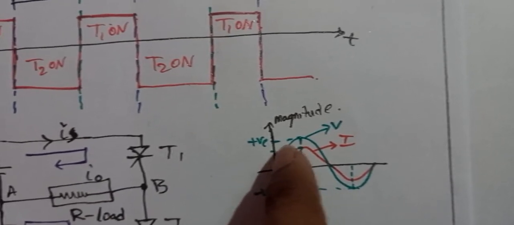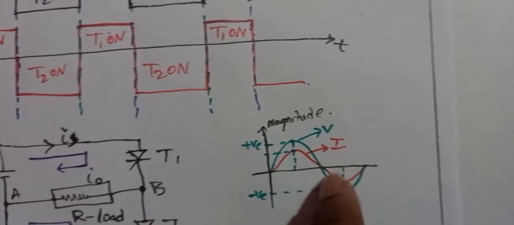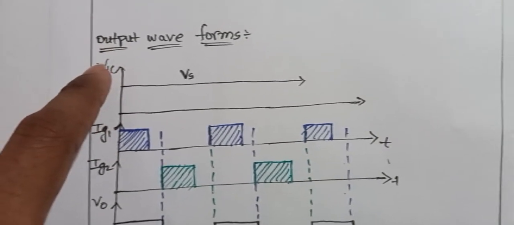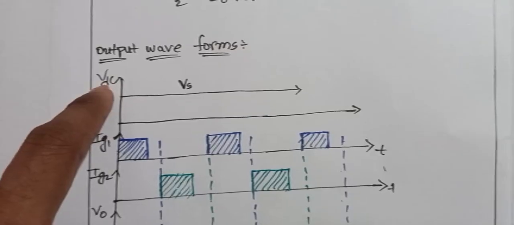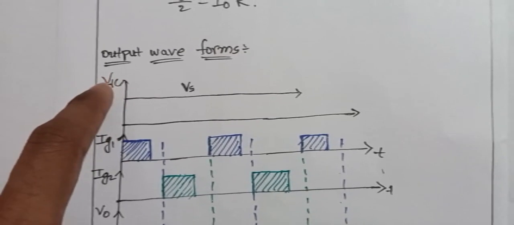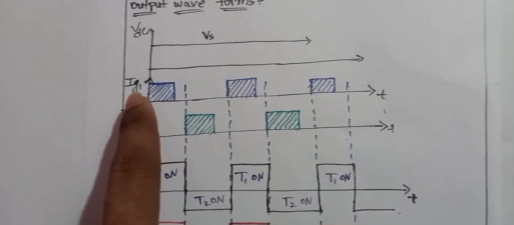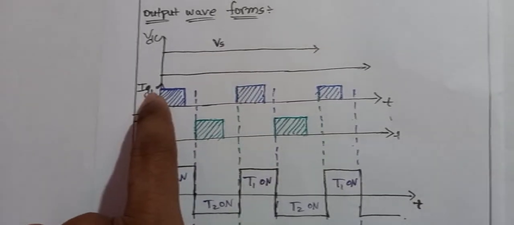For both the positive half cycle and the negative half cycle, we are going to discuss the same operation in the waveform. This is an inverter, so we take a DC input voltage, which I have drawn here as VDC, a direct voltage. Here we have taken the IG1 gate and the IG2 gate, which means we have two thyristors.